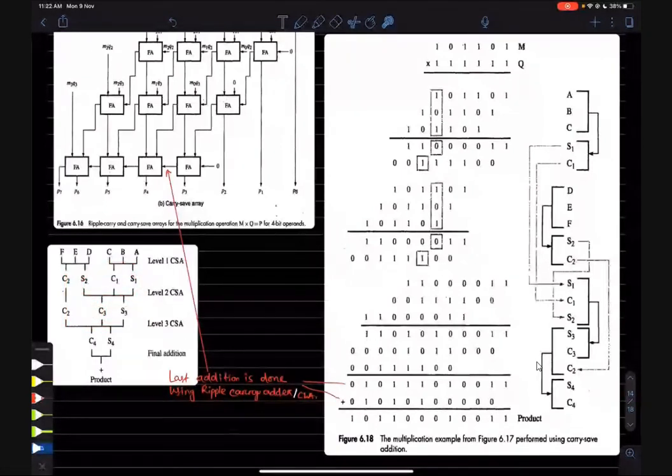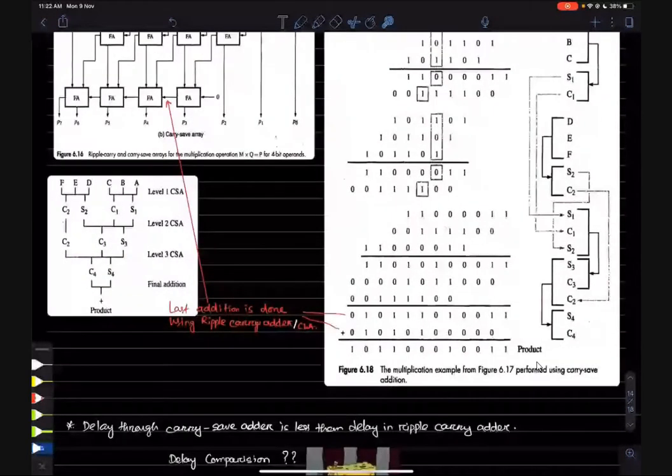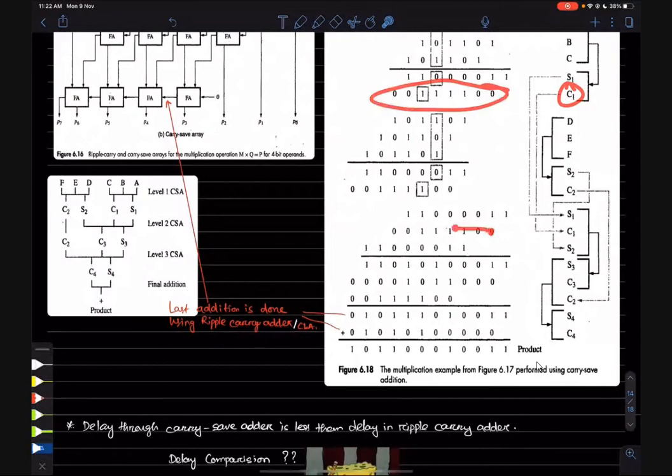Okay, so we will do the same addition process. S1 will start from this bit, so we have written S1 like this. Then C1 is these bits, from this to this, and then S2 starts from this place, so we will write it in this place.